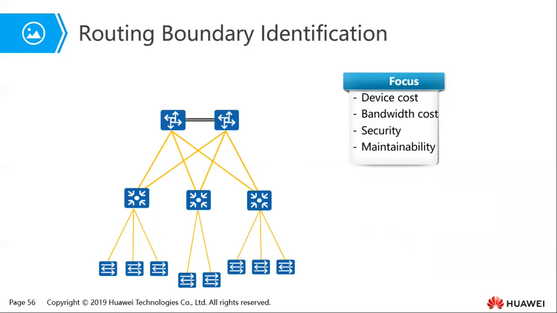So the other concept that you need to be aware of is routing boundary identification. Now, as we know, we have layer 2 devices and layer 3 devices.